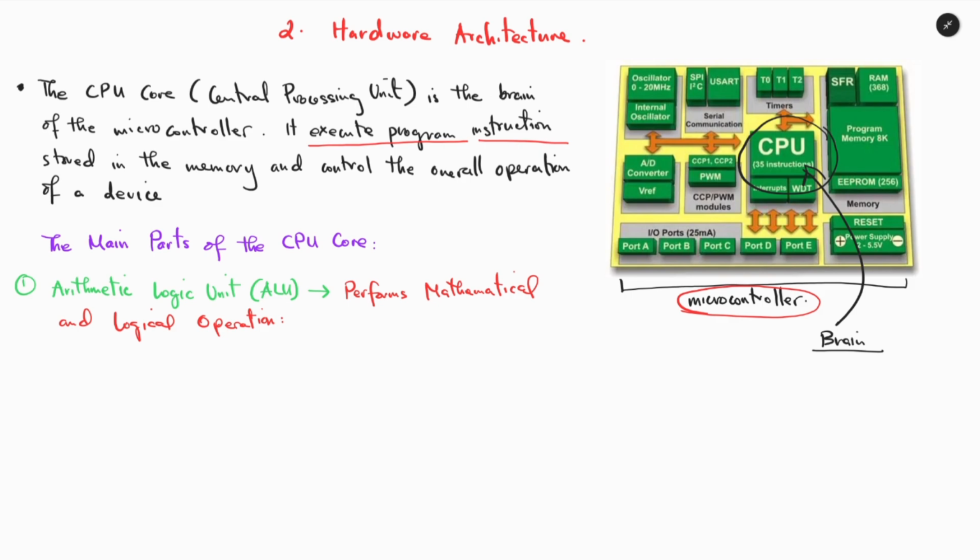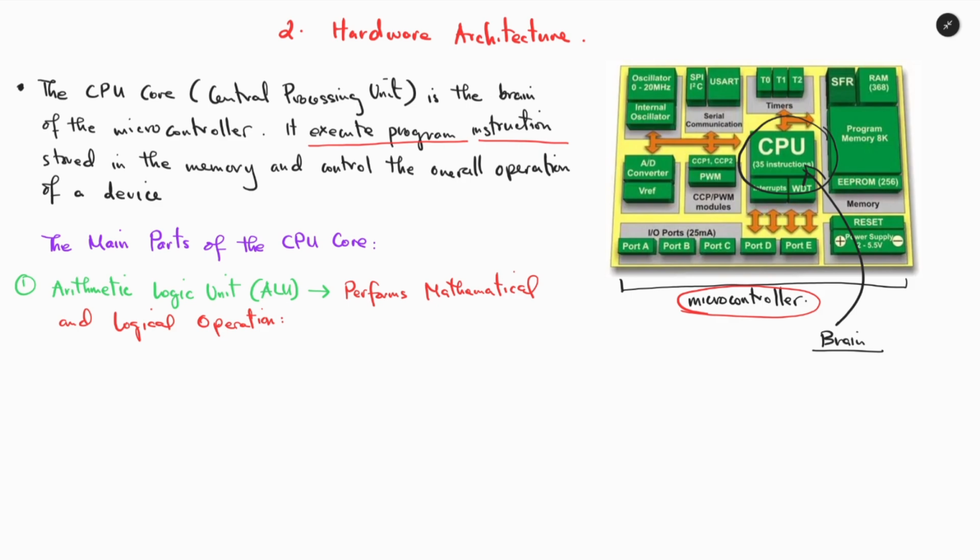That is why the CPU plays an important role in a microcontroller. Without a CPU, it would be very difficult to control all these small components and devices inside a microcontroller.